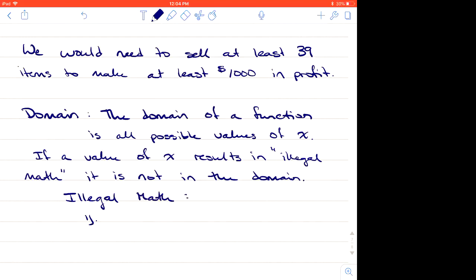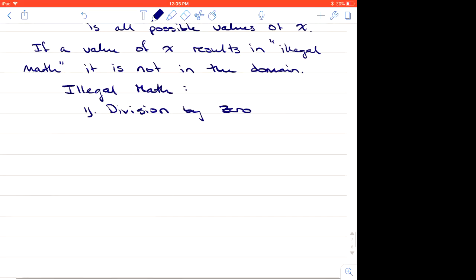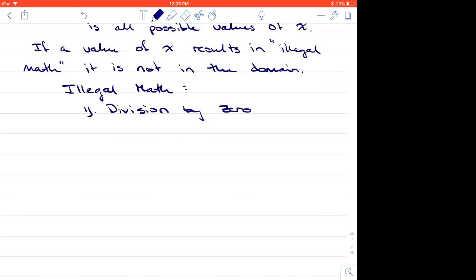It's not going to do it. So 1 divided by 0, error. Just can't be done. So division by 0, that's a big illegal math move.